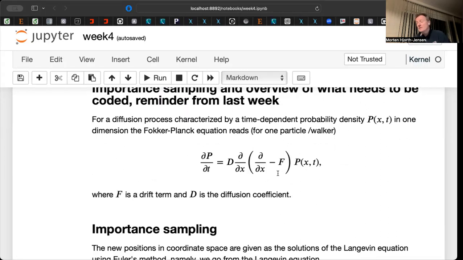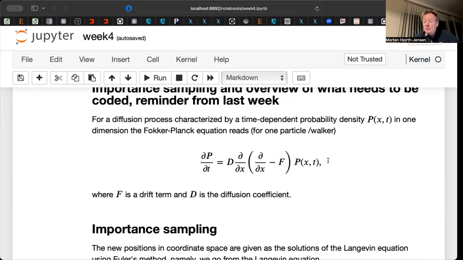We are going to derive this Fokker-Planck equation and try to give you an overarching view of why this quantity, which you see here, P, can be interpreted as a transition probability.